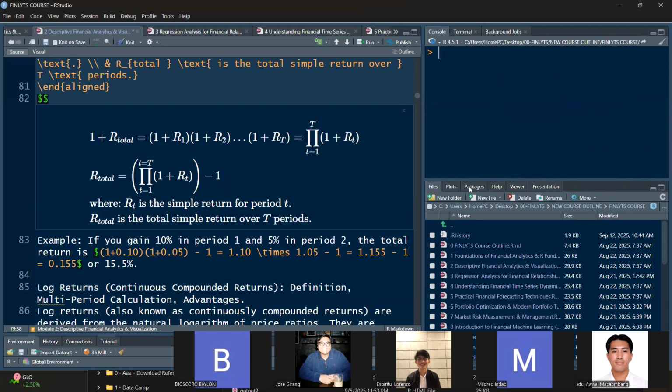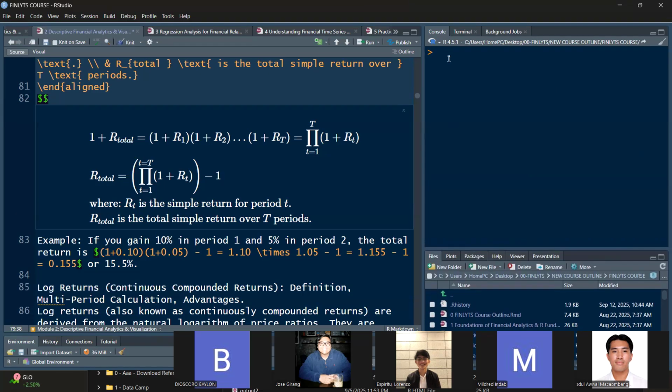Okay, so I'll just write the formula here. So 1 plus 10%, right?